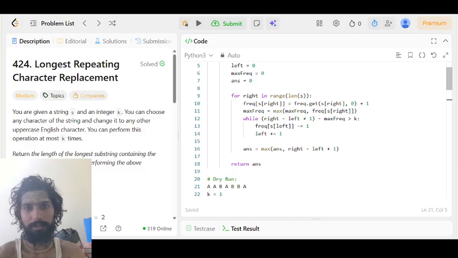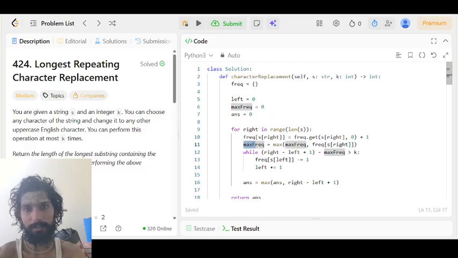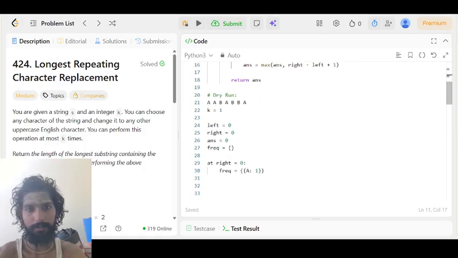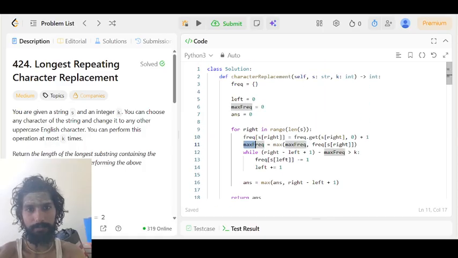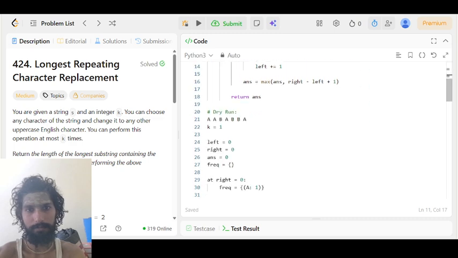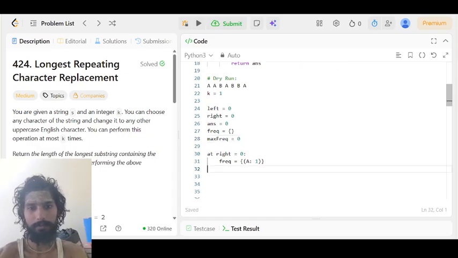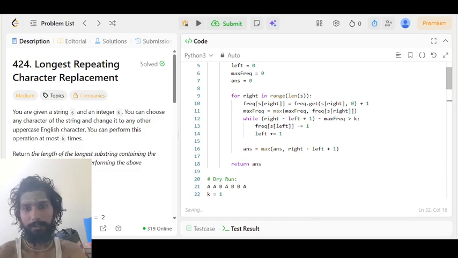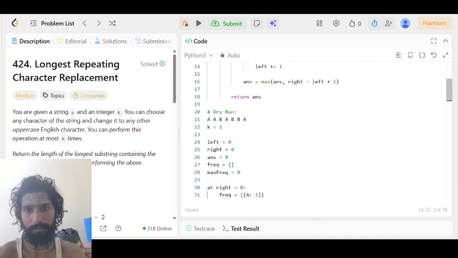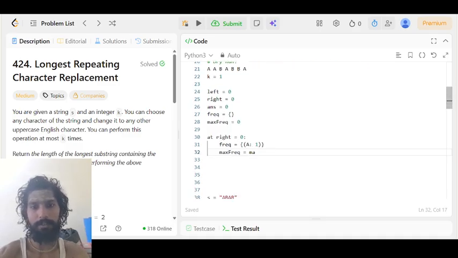Then what do I do? I increase the max freq. Max freq will become max of frequency of S[i] comma max freq, that is max of 0 comma 1, that is equal to 1.